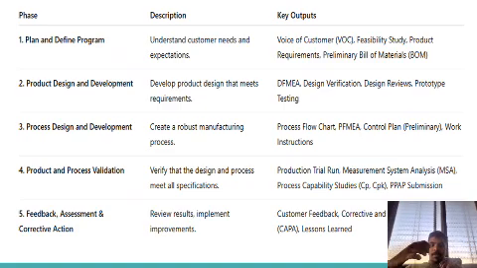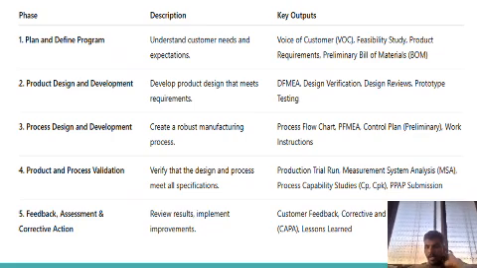After all this, we did the plan, we met customer needs, we have the voice of customer, we have the design of the product, we developed the robust manufacturing process, we are all done. After that, we have to validate the process and meet all specifications, so that all the parameters mentioned in our design are verified by the customer.